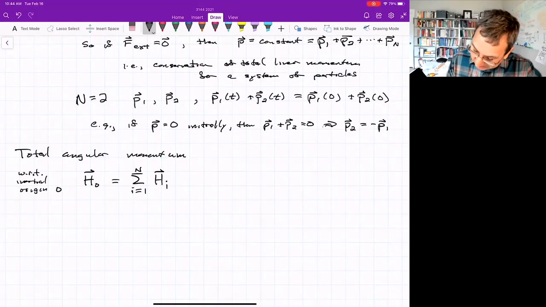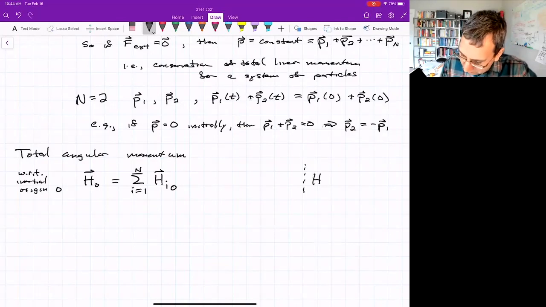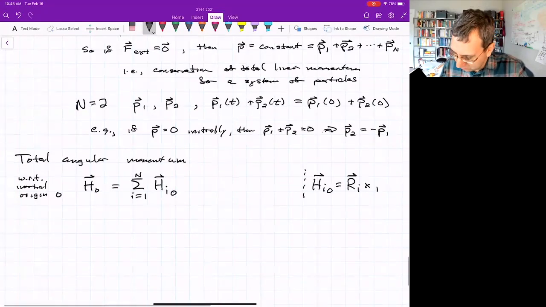So I'll write this as H sub O. Hopefully that's not too terribly confusing. It just means the position, this was a capital R, position of each particle with respect to the inertial origin cross the mass times the inertial velocity, which we also called little p_i.